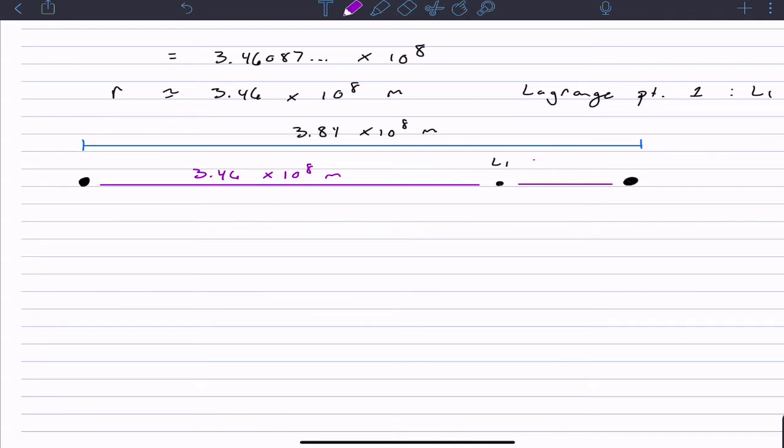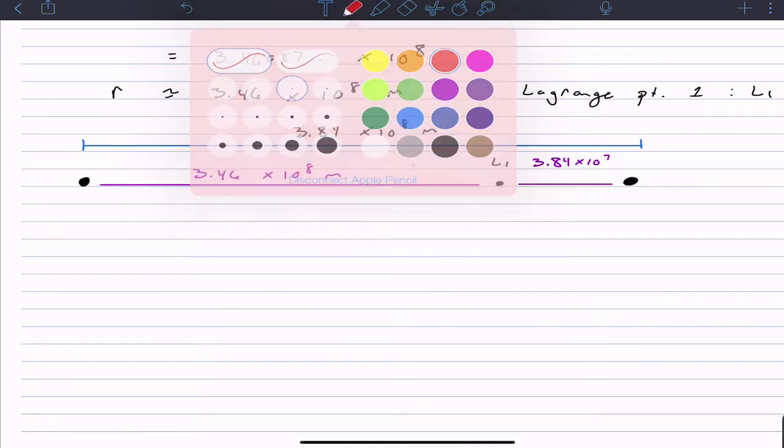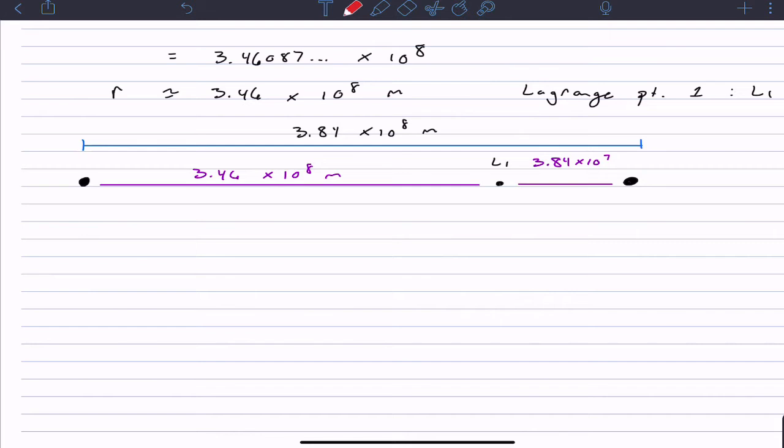So that's what this is, 3.84 times 10 to the 7. So still quite a bit of distance between the Moon and this point. So I would say that this is not to scale. But anyway, we're asked to draw where G is equal to 0, right? So G here is equal to 0.